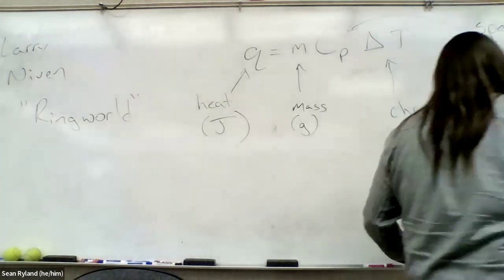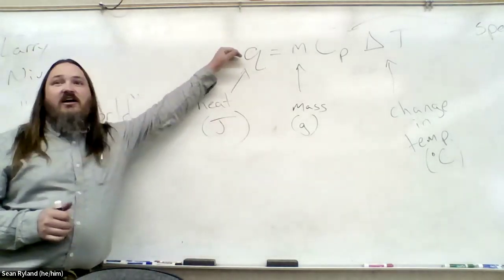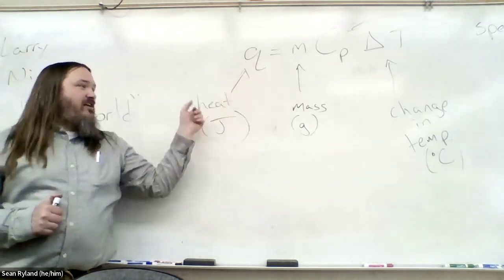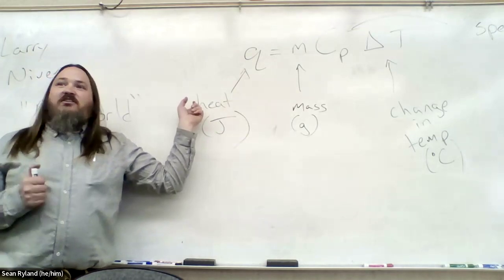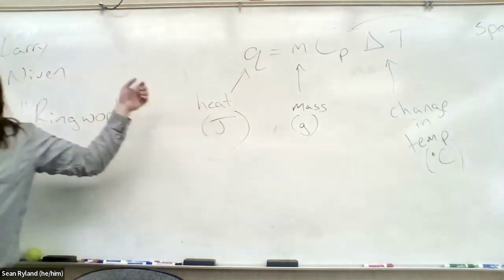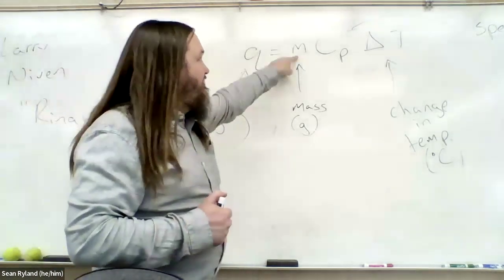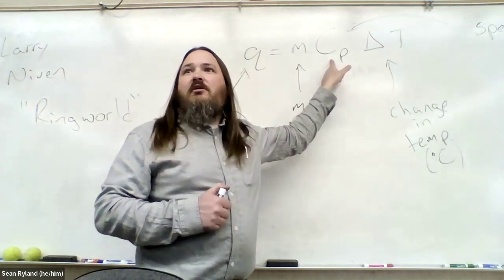All right, so how does this equation work? Like I said, it looks kind of intimidating. It's really obnoxious that Q isn't any of the letters in heat, but this is what we're working with. The heat transfer into an object is equal to the mass of that object times the specific heat of that material.